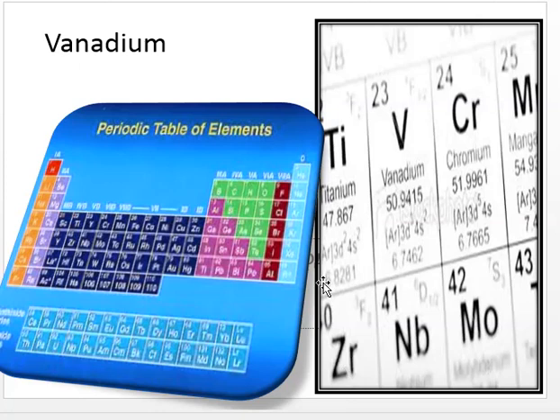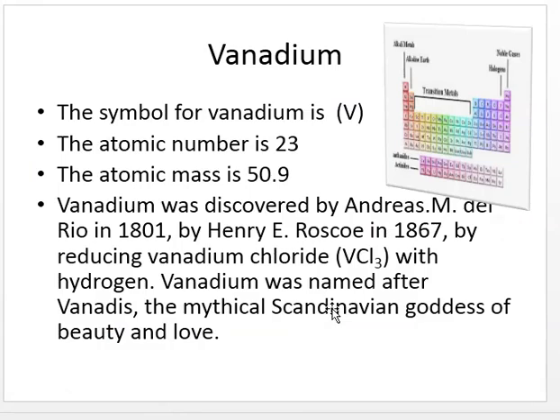And at last, our fifth group, the first element, this is vanadium. Now we'll speak about vanadium. The symbol for vanadium is V. The atomic number is 23.